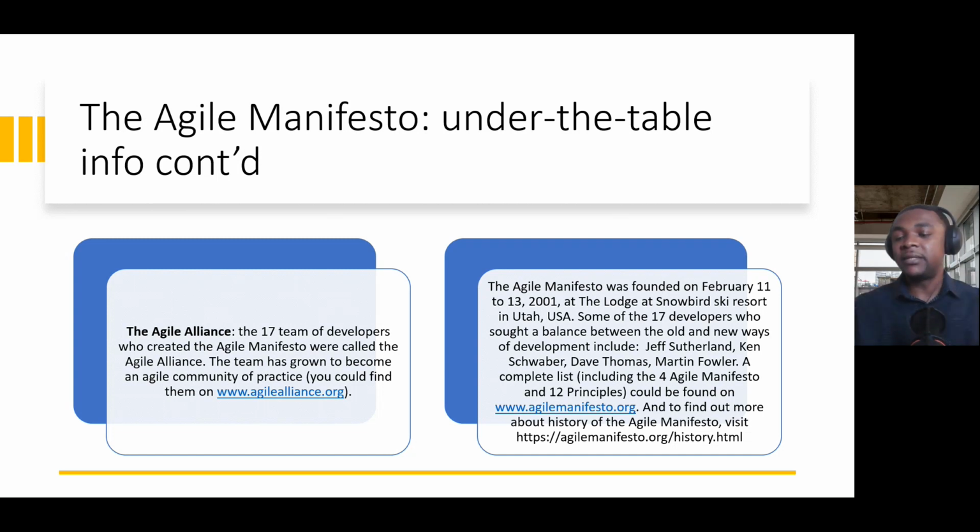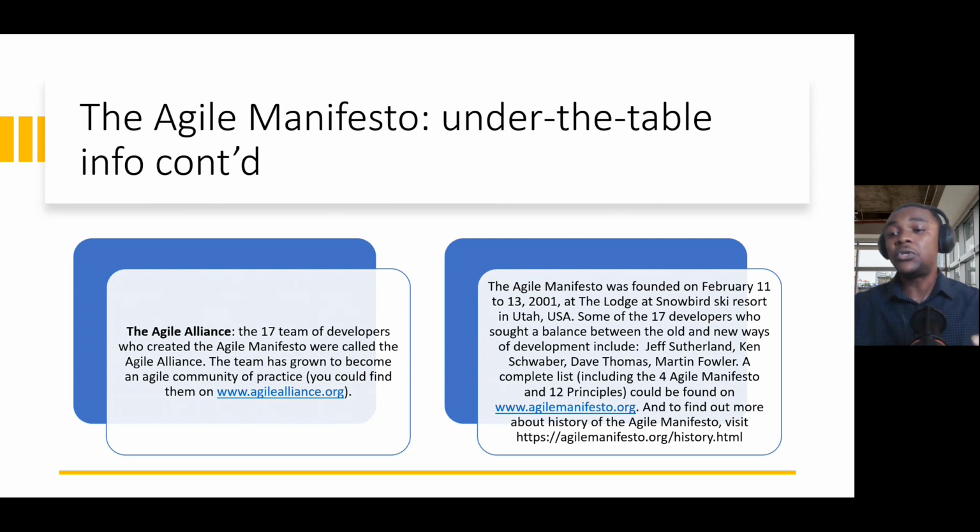All right, something to keep in mind, like I said, this Agile Manifesto was developed as a result of the convention held on February 11th to 13th, 2001 at the lodge at Snowbird Ski Resorts in Utah, USA.